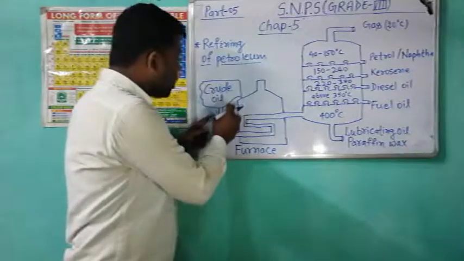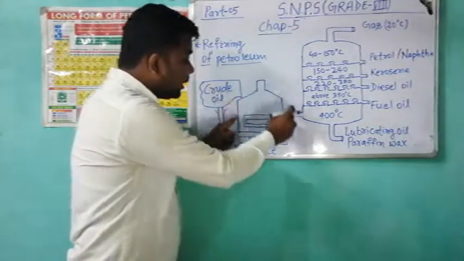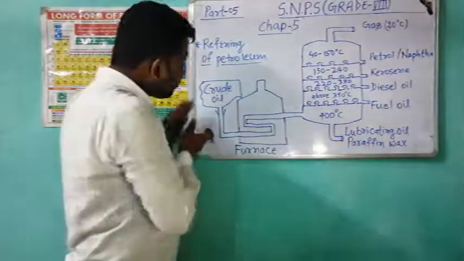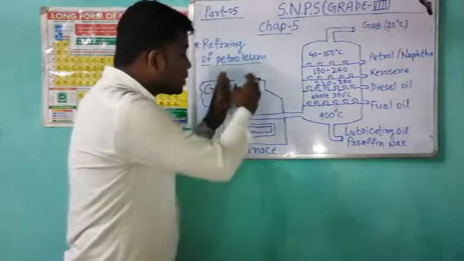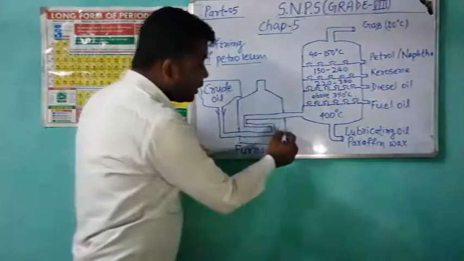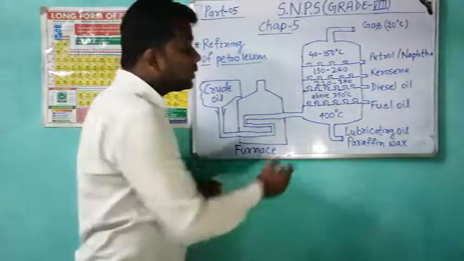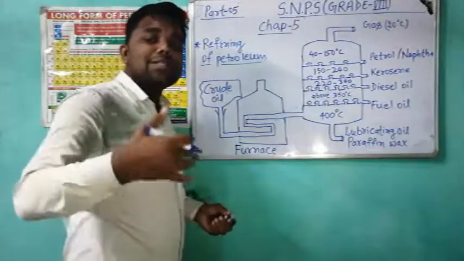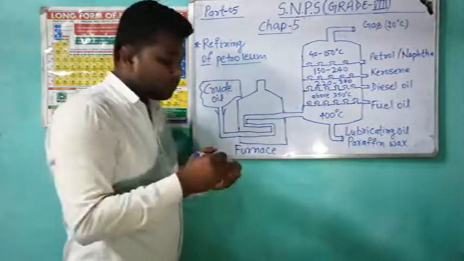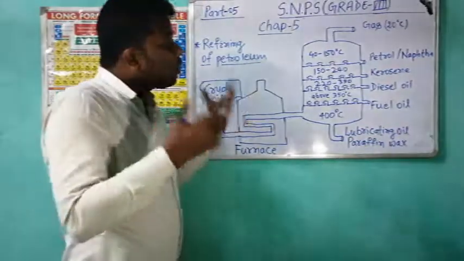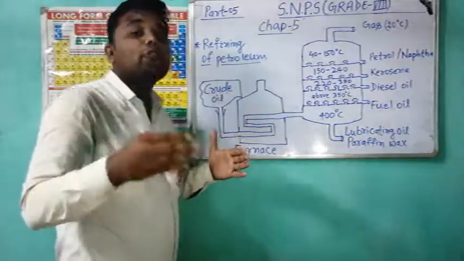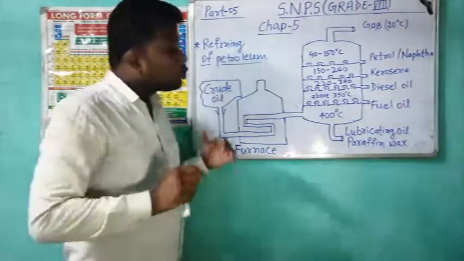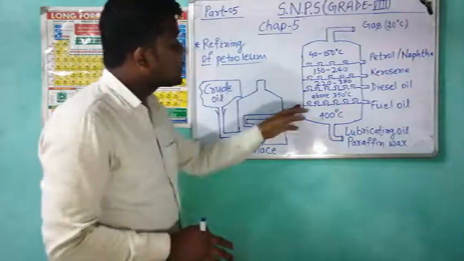This is a tube-like structure present in the furnace, and with the help of this tube we put our crude oil into the furnace, and here the crude oil is heated at 400 degrees Celsius. Because the components present in it have different boiling points, we have these fractional trays.